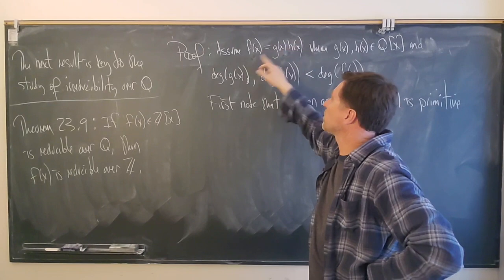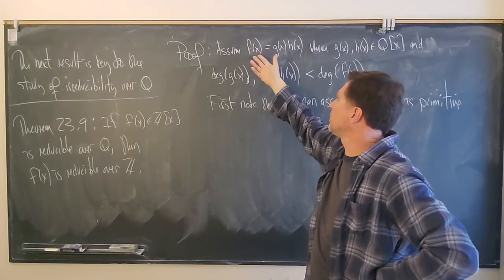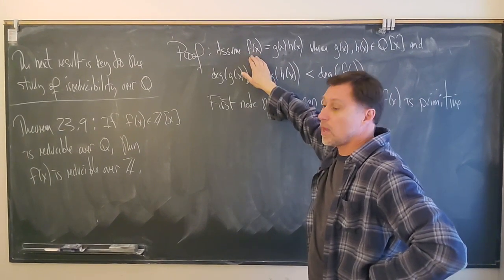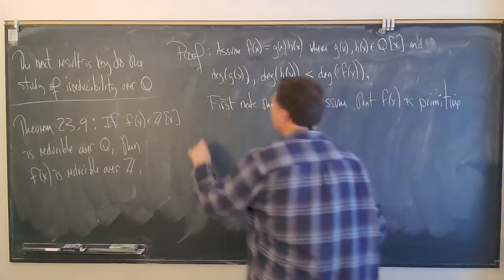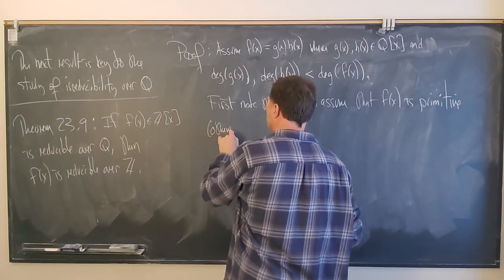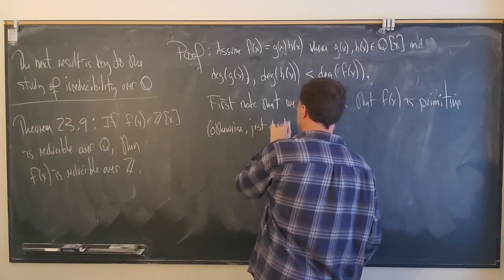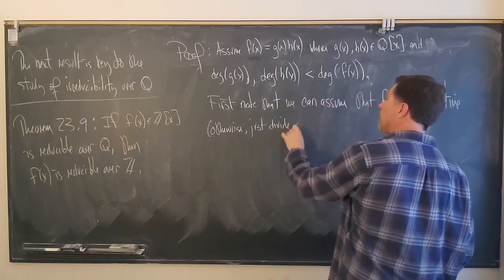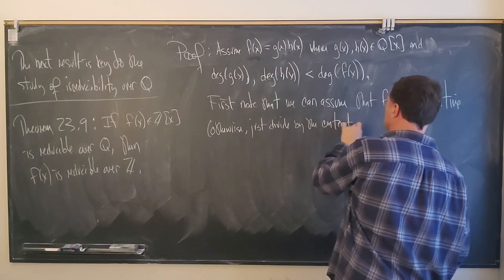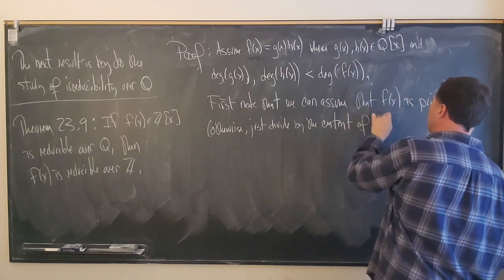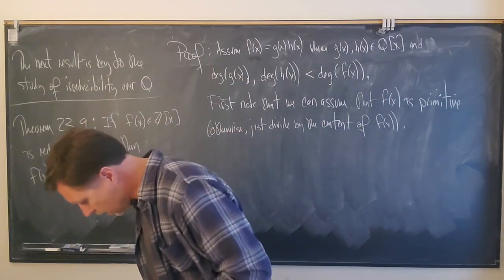And this polynomial would remain a polynomial with coefficients in the integers. So we can assume that it's primitive. Otherwise, just divide by the content of f of x. Let's just assume it's primitive so that we don't have that floating around.